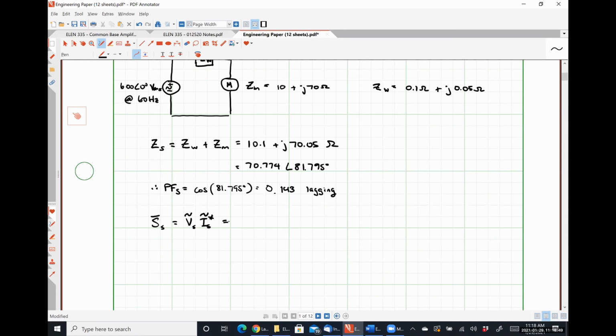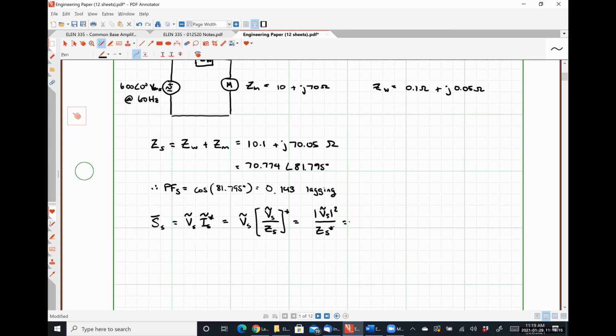What I mean by that is we have VS times VS over ZS conjugate, which is the same as the magnitude of VS squared over the complex conjugate of ZS. So we have all the information without doing any other mathematical steps.